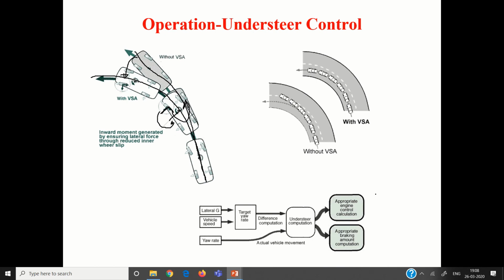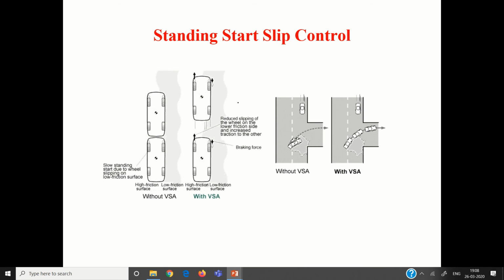If required, appropriate engine control calculations will also be done, right? The algorithm will take care of these things. You see here, another is standing start slip control. When you start, all of a sudden, if one of the wheels is on the wet surface, then what is happening? It will apply brake on that. Correct.